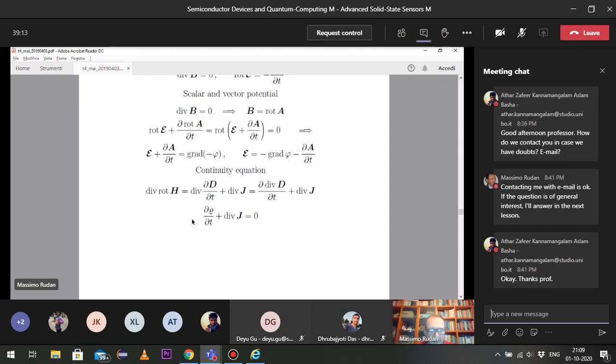On the other hand, if you consider that we are, by hypothesis, in the complete ionization condition, the concentration of the dopants is a function of r, of position, but in no way is a function of time.